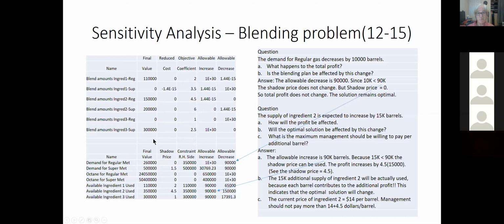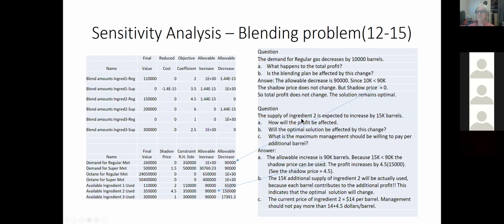And so is the profit. The objective function also will not change. You will always see that when you have a non-binding constraint, the shadow price is going to be zero, always. So this was the first question.